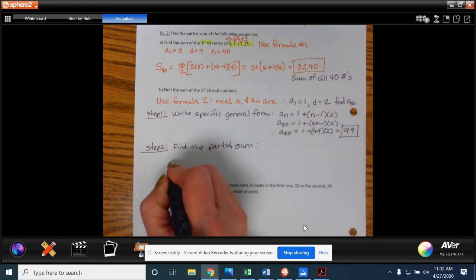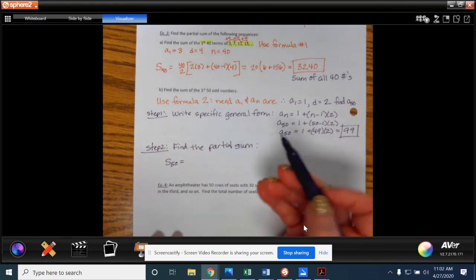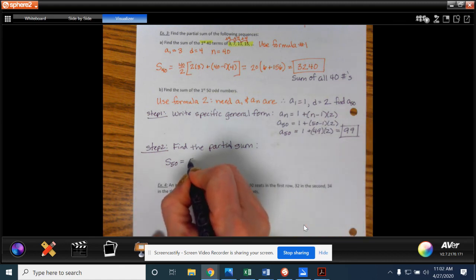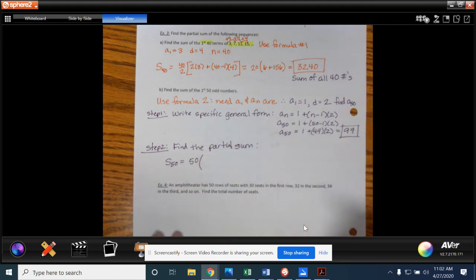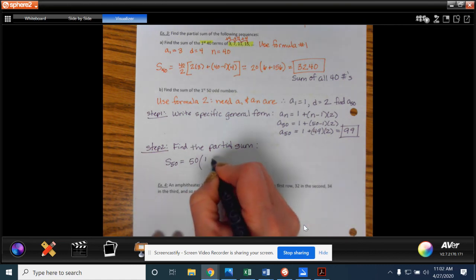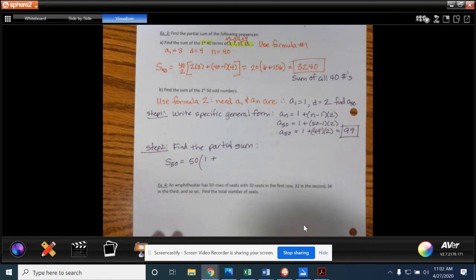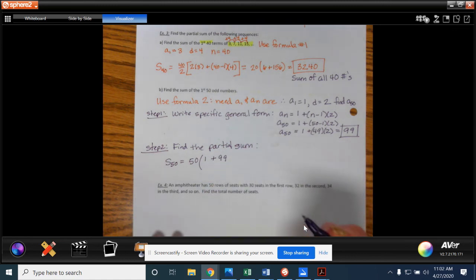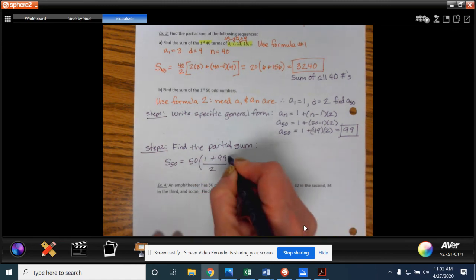I have S of 50 equals, again, n, that's our form up above. So 50 times a of 1, which is 1, plus a of 50, because that's the last one in our sequence, all divided by 2.